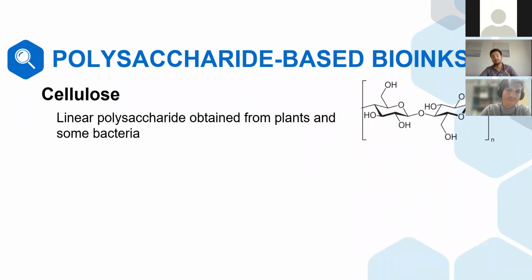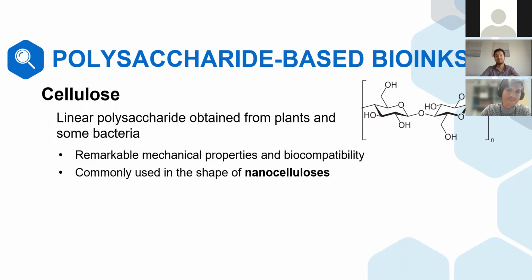And something that's very dear to us at Biopol for Fun, and something that's very used to reinforce alginate-based bioinks is cellulose. Cellulose is also a polysaccharide. It's obtained from plants and some bacteria. I don't need to explain to you what cellulose is, but we all remember that it has remarkable mechanical properties and biocompatibility.